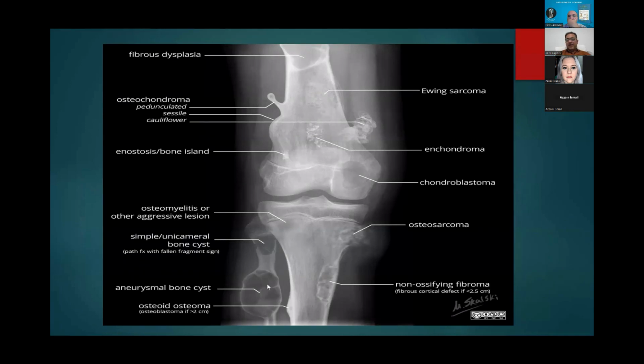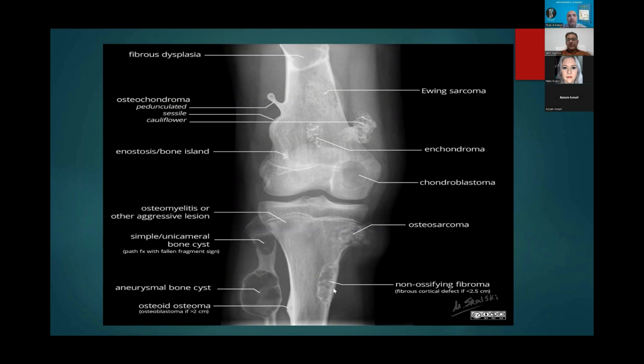Now, both of them are benign. The only difference is that this one is much bigger in size, and this bone is much more susceptible to fractures. Now, on that note, if a bone fractures through a cancer lesion, the fracture is called a pathological fracture.